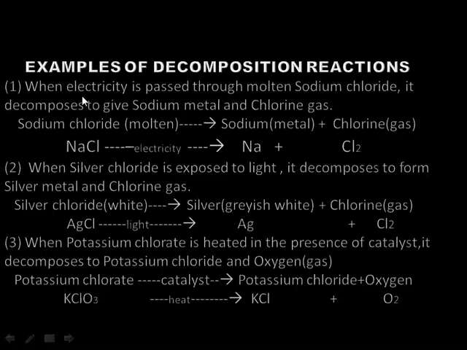Example 1 shows the passing of electricity or electric current. The second example gives us exposure to light, and the third, heating. Hence, decomposition reactions are of three types based on the external factors required.